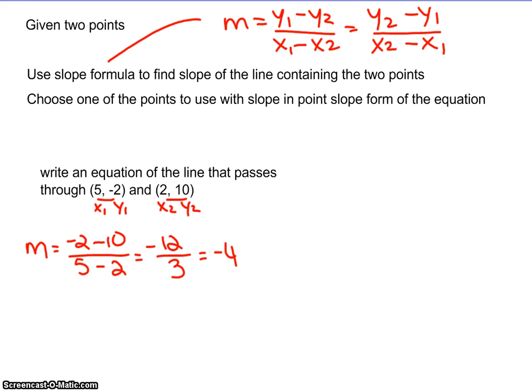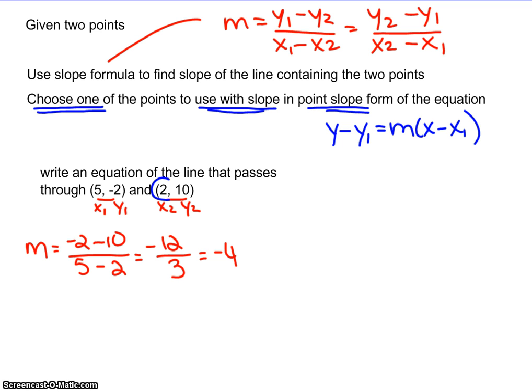So now choose one of the points and use it with your slope in your point-slope form again. Does it matter which one? No. I'm going to take this one, because they're both positives.